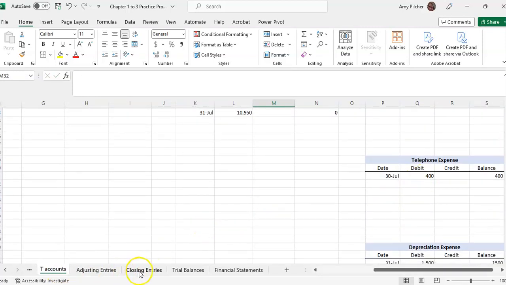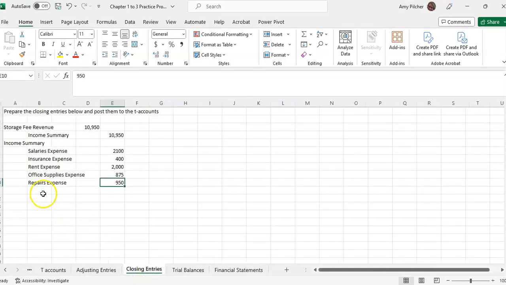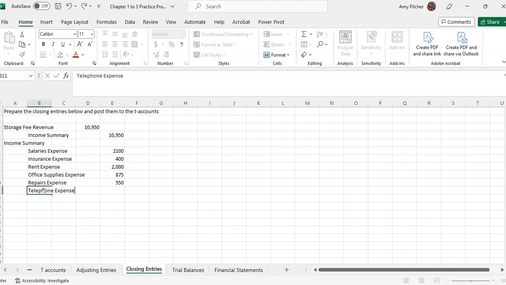Telephone expense for 400. And depreciation expense of 1,500.